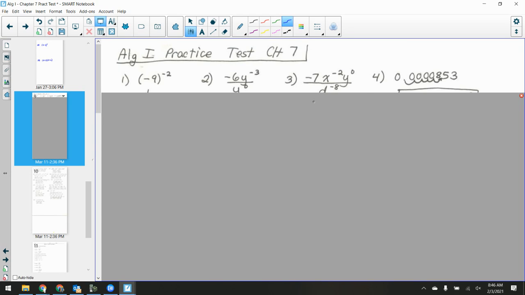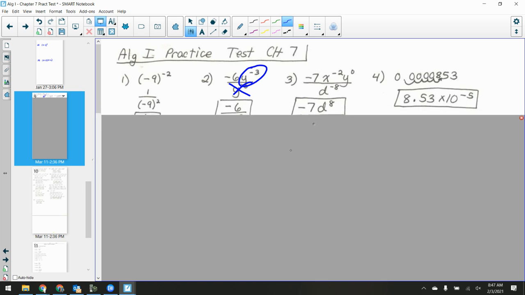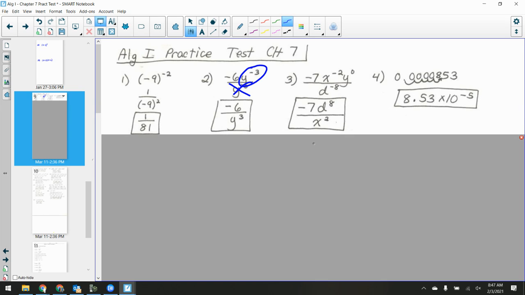The only time you would ever move anything is if there's a negative exponent. So the only thing that's going to get moved is that right there. Do I move the -6? No, the -6 is going to stay on top. What essentially happens with anything raised to the 0 power on the bottom? It goes away. So the only thing that's going to happen is the y to the third is going to move down to the bottom, and the -6 is going to stay on top. -6 over y to the third.